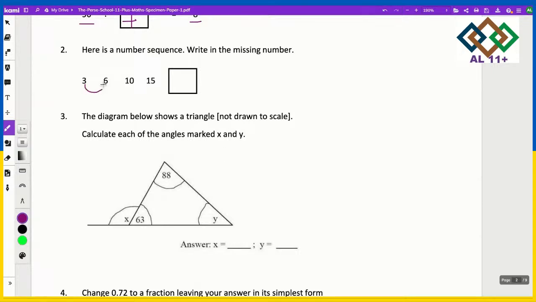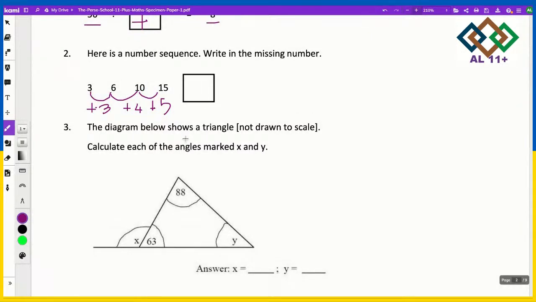They are doing plus 3 on the first one, then plus 4, and the next one is plus 5. It's a pattern going on, and the next one would be plus 6. So if you do plus 6, your answer would be 21.